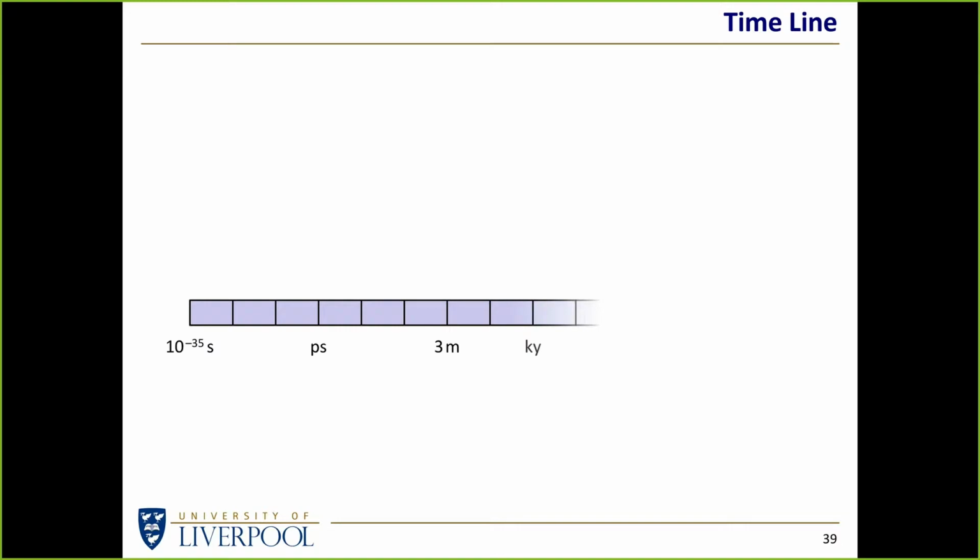If we remind ourselves what the timeline is, this timeline is a little bit ridiculous because it's got giga-years on the right-hand side, and there's now at 13.8 giga-years, but on the left-hand side it starts at this ridiculous 10 to the minus 35 seconds.